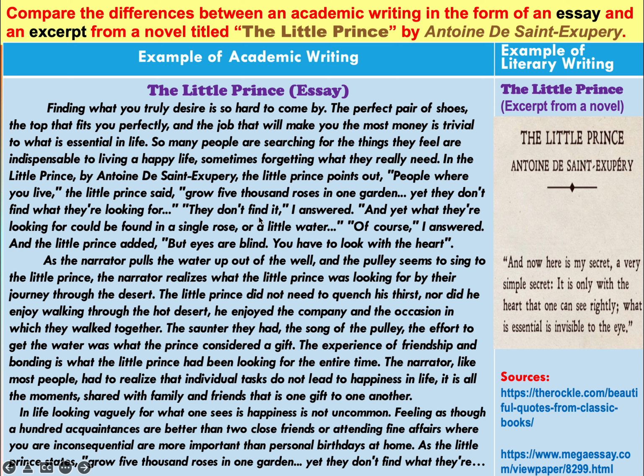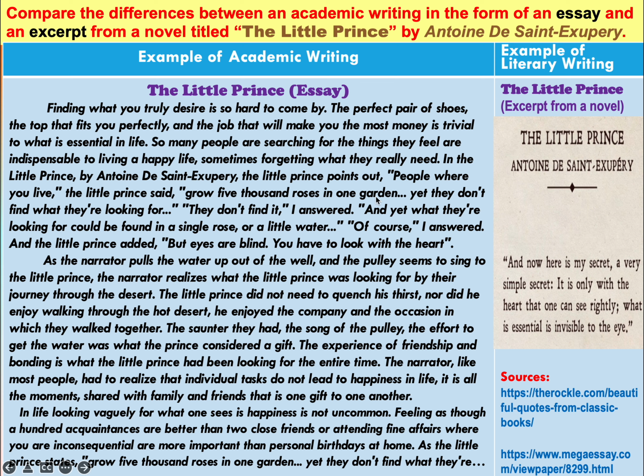That is still not what they desire. They don't find it, I answered, and yet what they're looking for could be found in a single rose or a little water. Of course, I answered, and the Little Prince added... okay, so let's stop with that one.